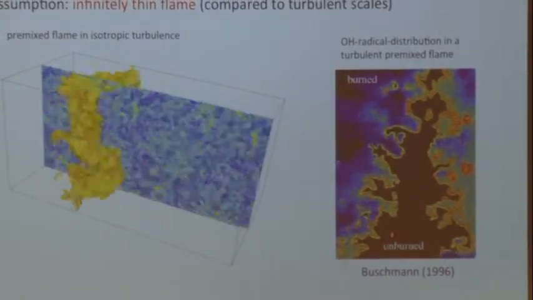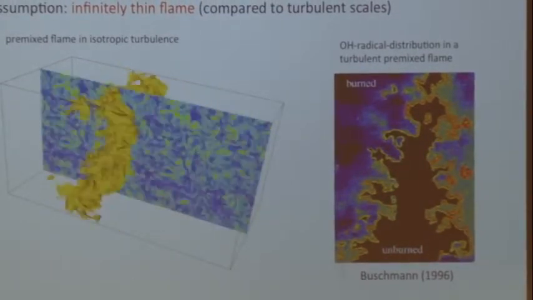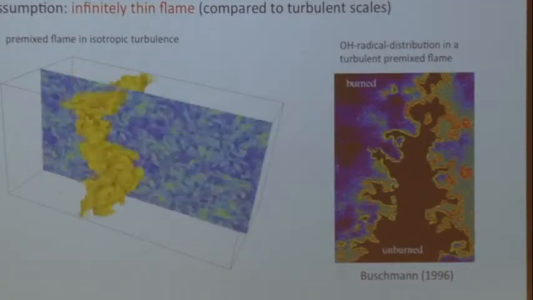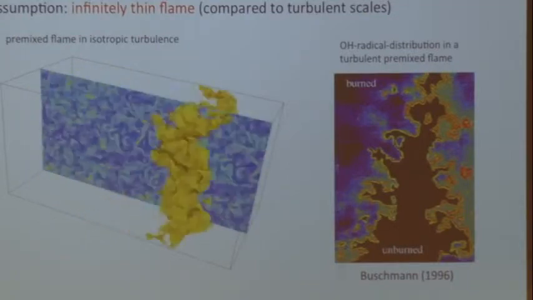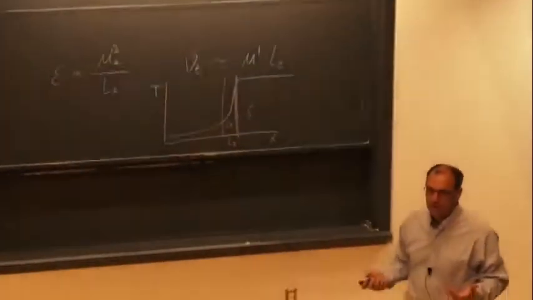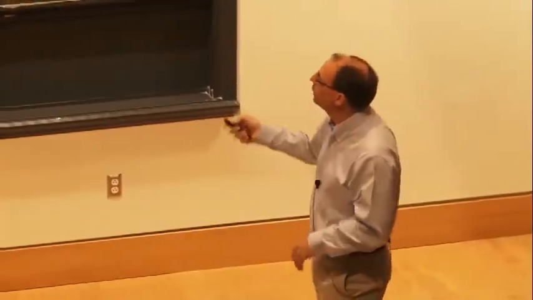So here, we could imagine that this flame still propagates with a laminar burning velocity, and the influence of the turbulence is just to make the flame surface much, much larger. You can imagine the reaction rate is something like the flame surface times the burning velocity, that gives you volume per time. That's the volume per time you burn.